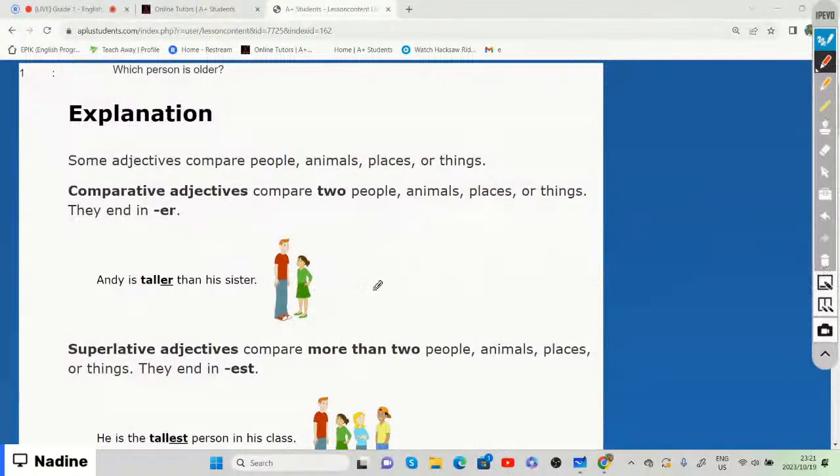If we look at another example where we're comparing animals, then we can maybe say the one dog barks loud, right?